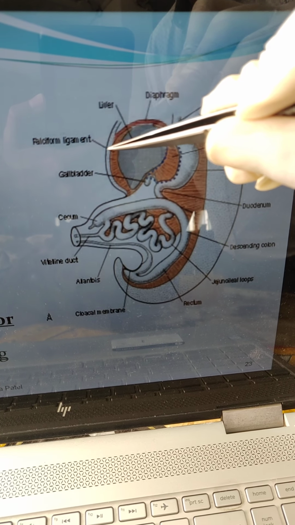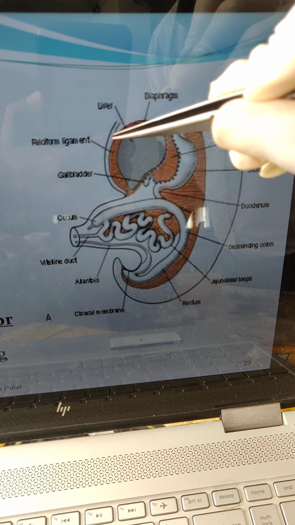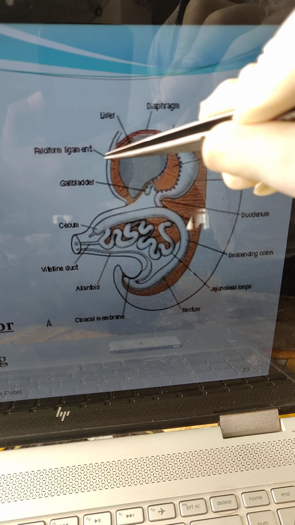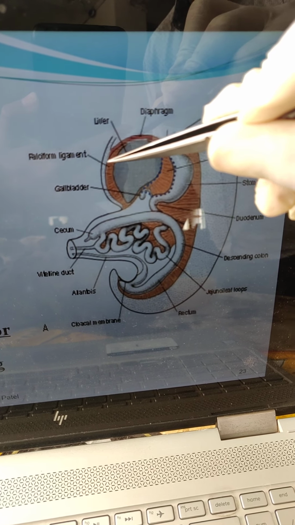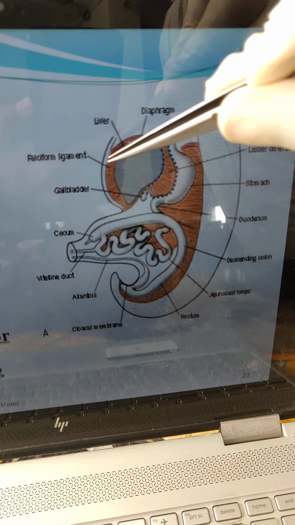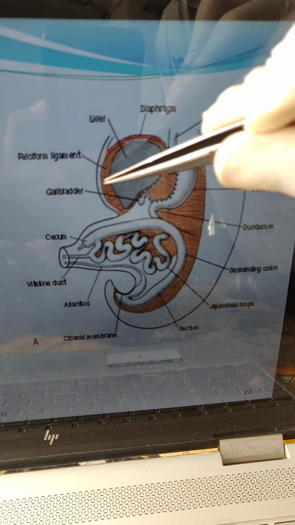Anterior to the liver, the falciform ligament develops, and also the right and left triangular ligaments, and on the right lobe the superior and inferior coronary ligaments develop from the ventral mesentery of the foregut.